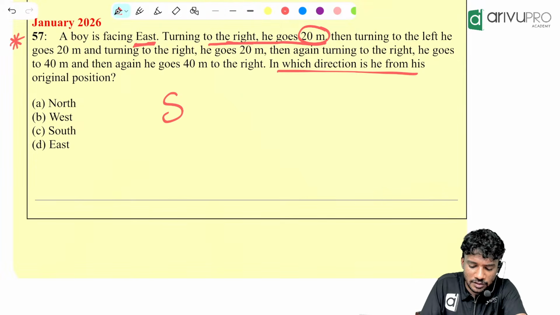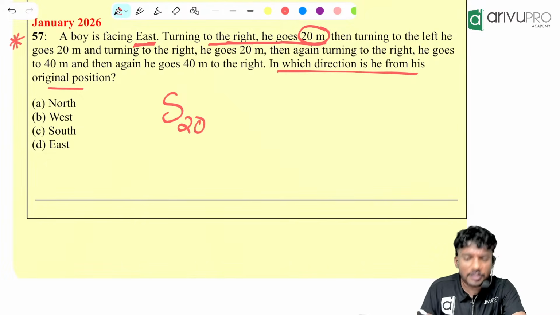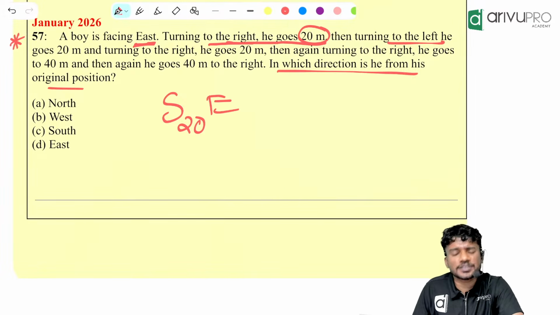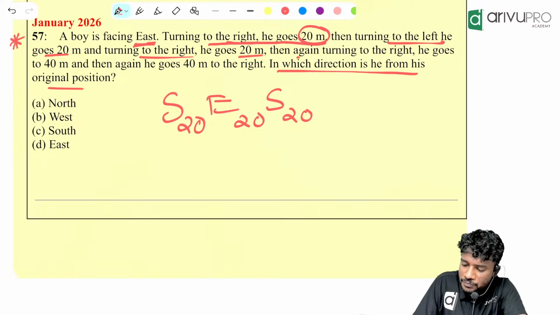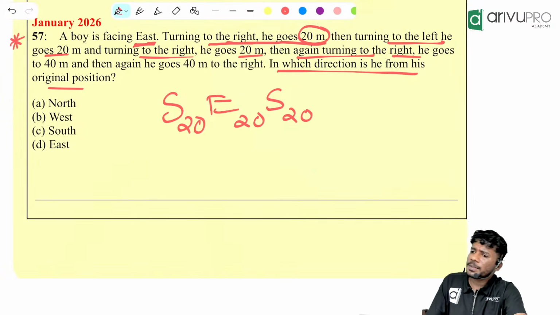In which direction is he from the original position? Repeated pattern. South. How many meter? 20 meter. Turning to the left, he walked 20. That means left of south is what, people? East. How many meter he walked? 20. Turning to the right, that means south again. How many meter? 20. Again turn to the right. Right means what, people? It will be west. How many meter? 40.